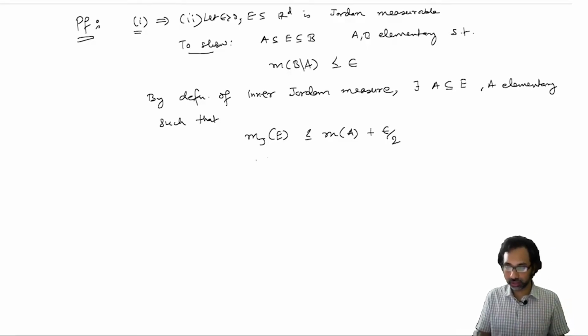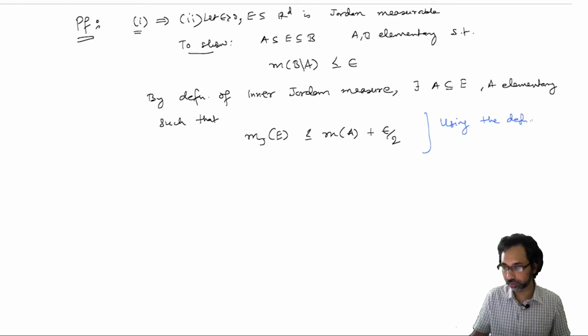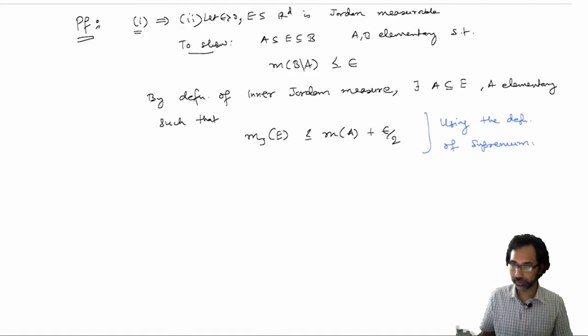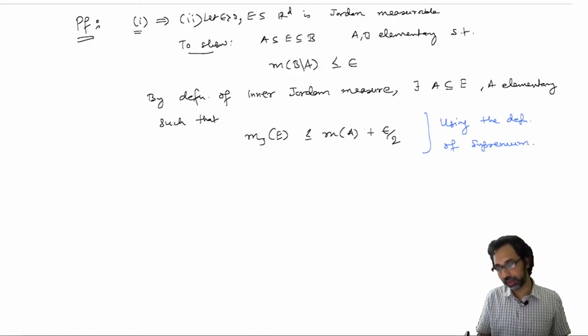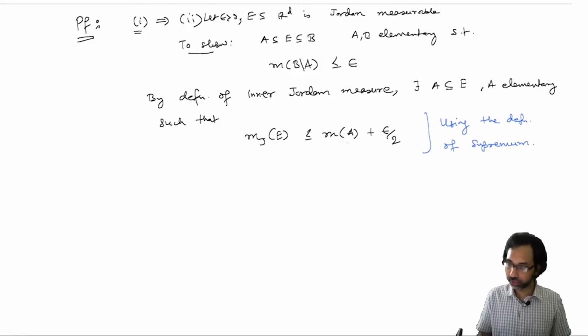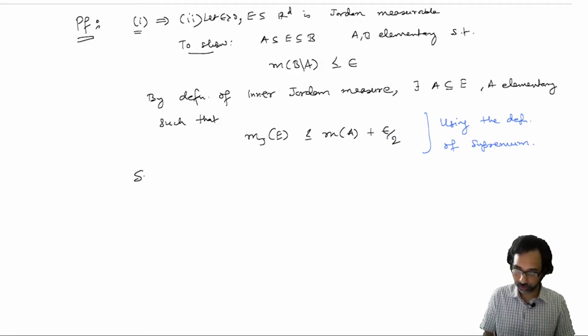Now this is simply by using the property of the supremum, using the definition of supremum. So we can find an elementary subset of E such that the inner Jordan measure is less than or equal to the elementary measure of that subset plus some epsilon over 2.